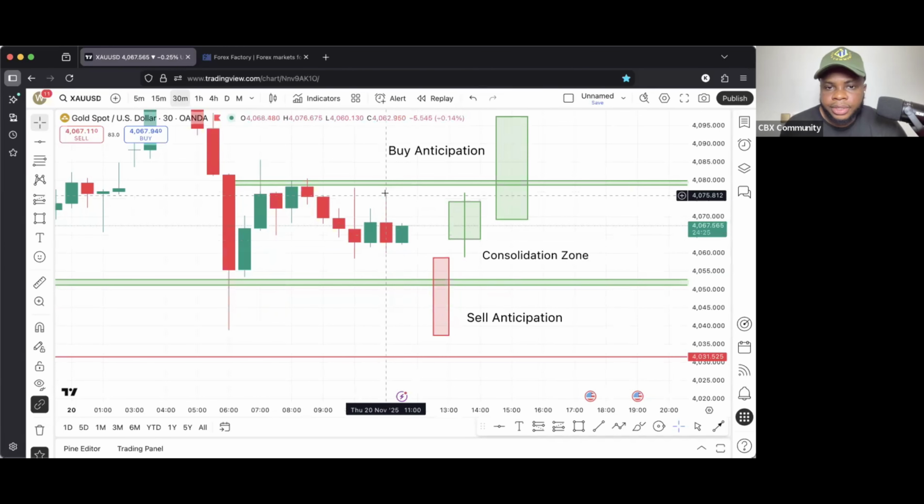Let's see if the candle will break the high or the low of this bearish candle over here.